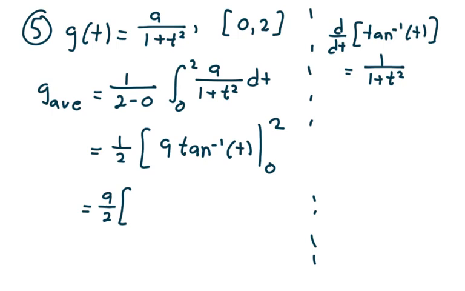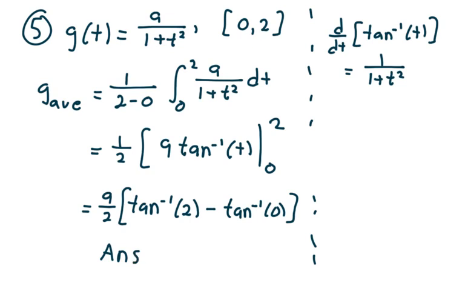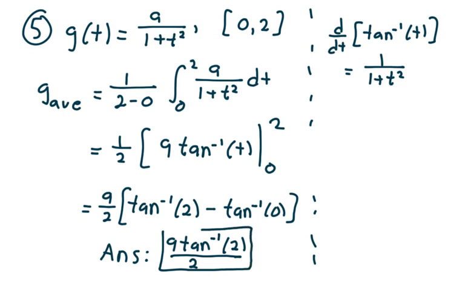And then if I put 2 in for t, I get arctangent of 2. And then if I put 0 in for t, I get arctangent of 0. And so the answer here is 9 arctangent of 2 divided by 2. And that's how we do problem 5.